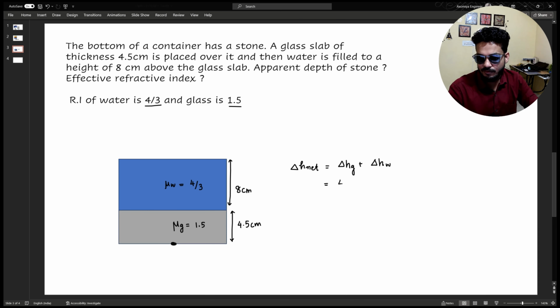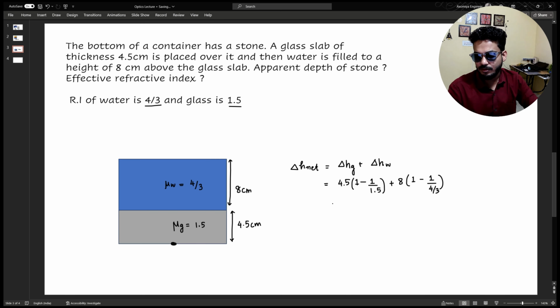So the shift due to glass is 4.5 centimeters into (1 minus 1 by 1.5). I'm using the formula that I derived a few seconds ago. Plus 8 centimeters into (1 minus 1 by 4 by 3).